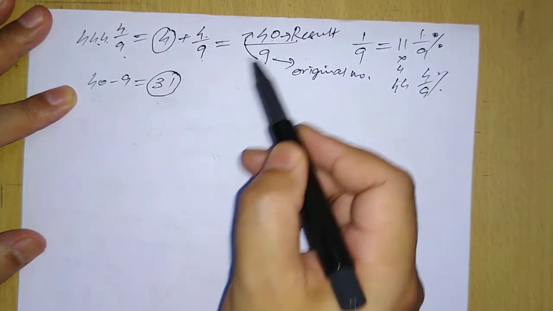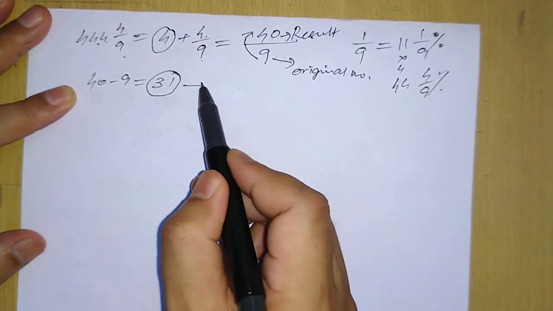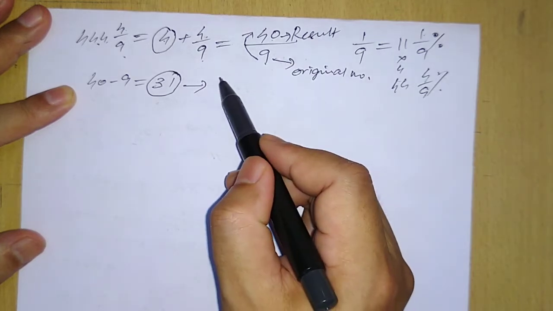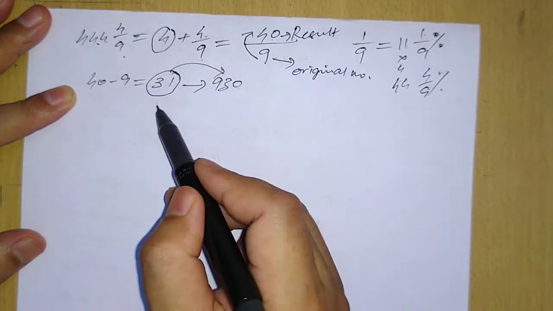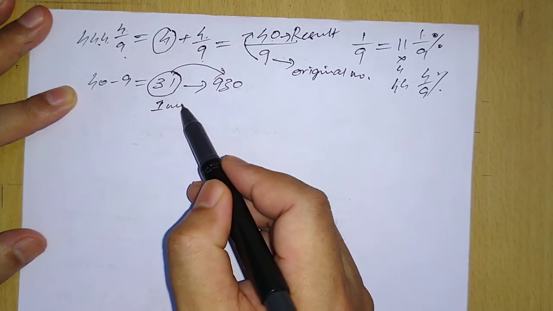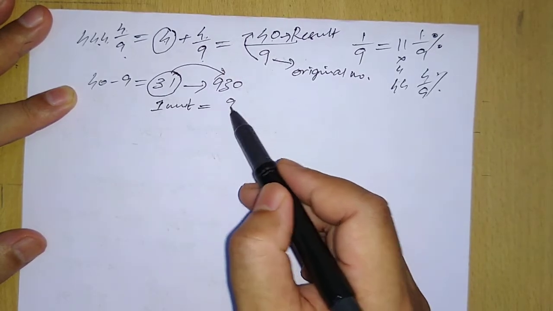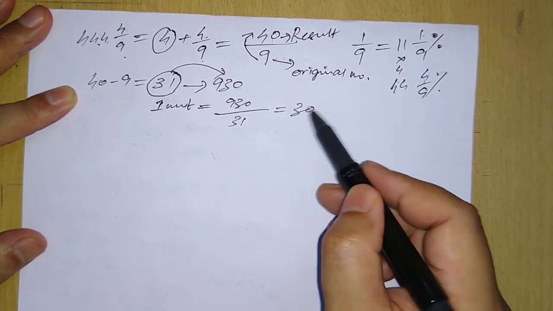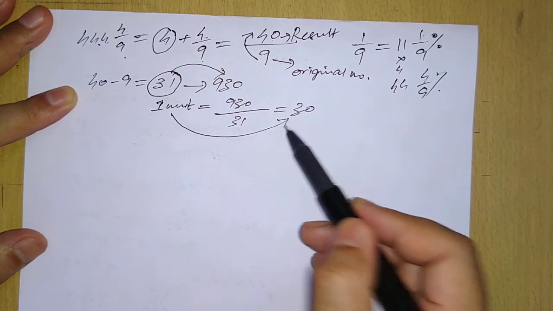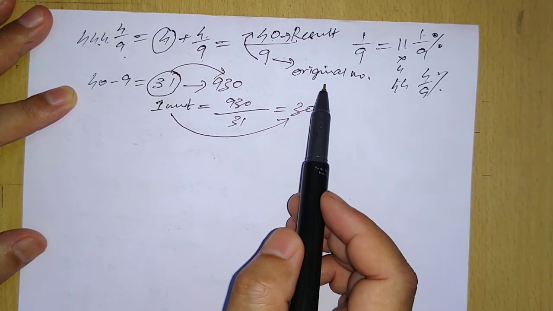So 31 units has been increased, and this increase is because of 930 which has been added. So 31 units represents 930. So 1 unit will represent how much? 930 divided by 31.